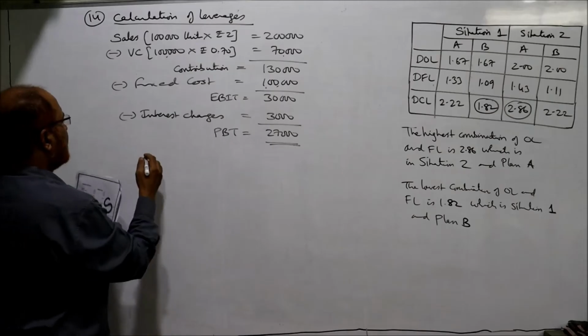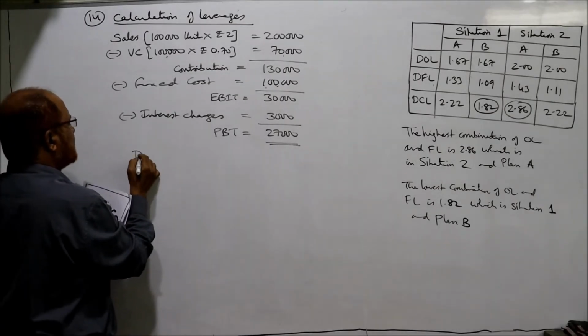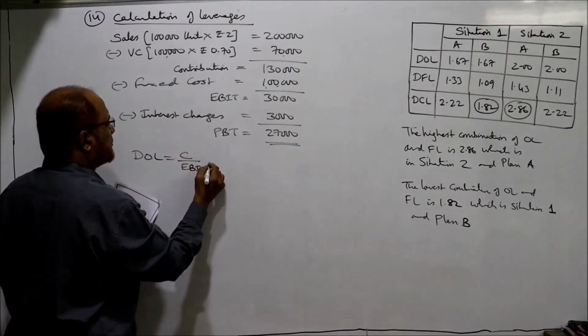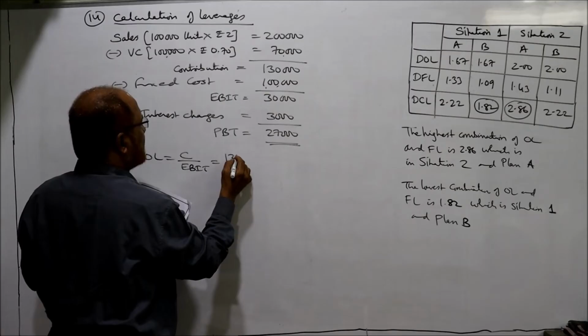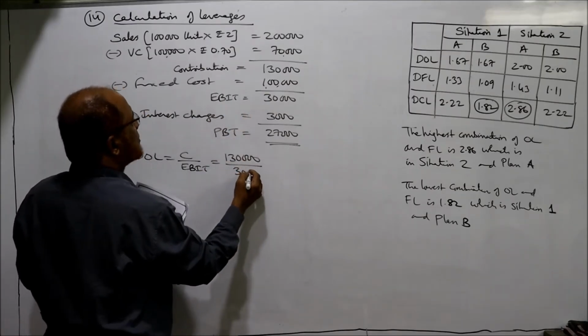Now we have to calculate the degree of operating leverage and the degree of financial leverage. Contribution is 1,30,000. EBIT is 30,000.